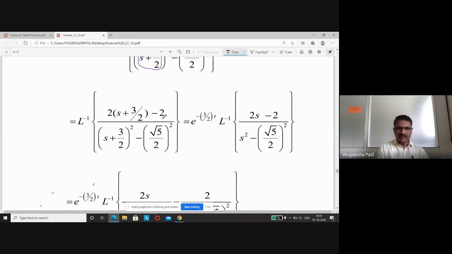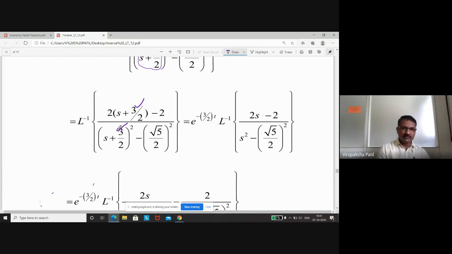Yes, sir. Okay. Now what we have to do? This constant value we keep as it is, that is root 5 divided by 2 whole square. Because of the presence of this, wherever s is there, s is replaced by s plus 3 by 2.